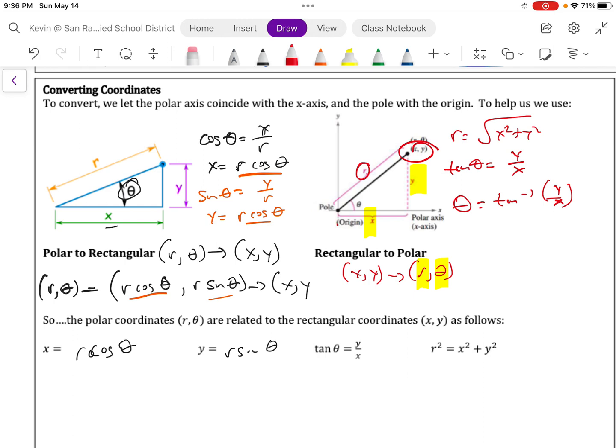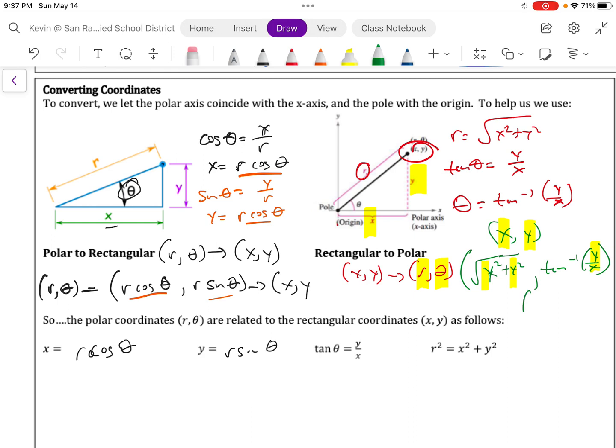So let's put those together. For the conversion, r is going to be the square root of x squared plus y squared, and theta is arctangent y over x. You're going to start out with an x and y, so you plug the x and y into this equation, and you plug the x and y into that equation.